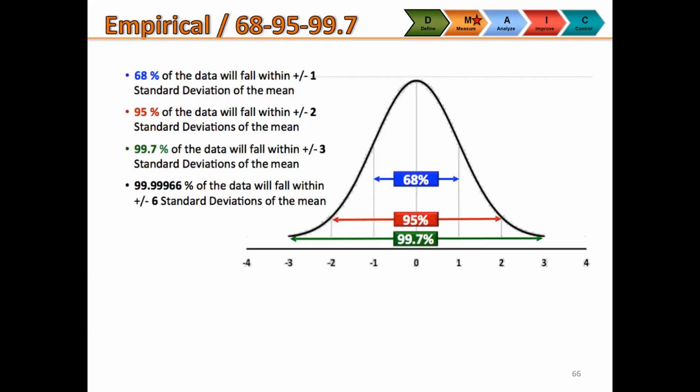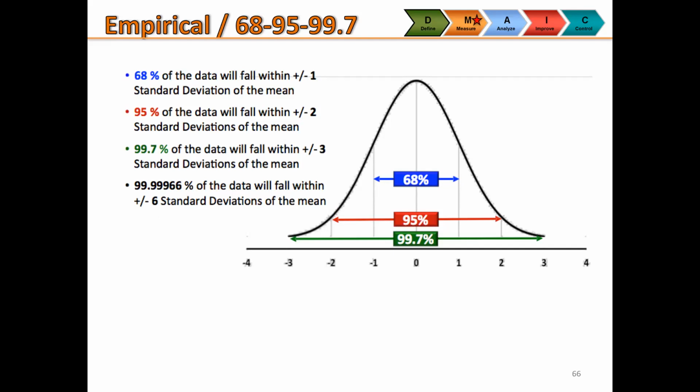And the cool thing about a bell-shaped curve is that the percentages I'm giving you here hold true once I get to a normal distribution. Once my process is in control, then I know that 68% of my data is within 1 standard deviation of the mean, plus or minus.